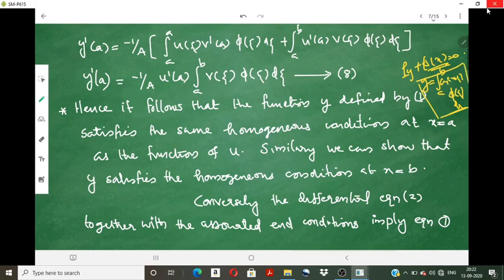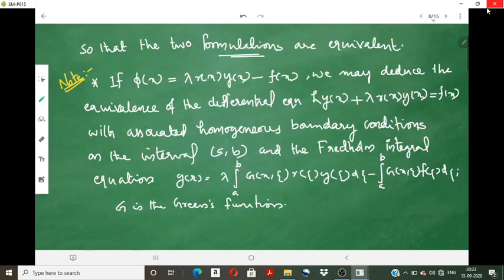Otherwise, that means if phi of x is an indirect function of x, that is, a function involving y also, then this will be the corresponding integral equation. So from this it is clear that the two equations are equivalent.